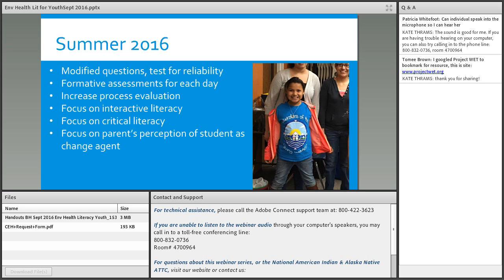And so that first summer, we were piloting the activities. And then in the after school program, we were really refining that functional literacy piece. And for this past summer, 2016, we were able to focus a little bit more on interactive literacy. So we looked at our newsletters and made sure we applied health literacy principles.